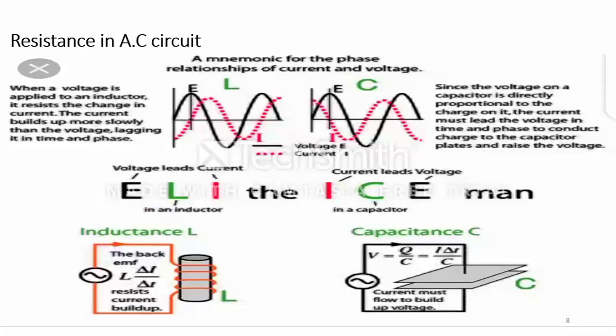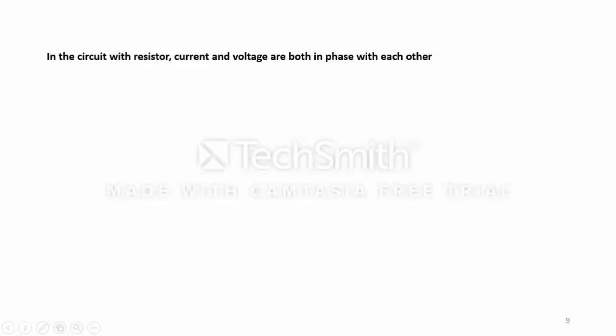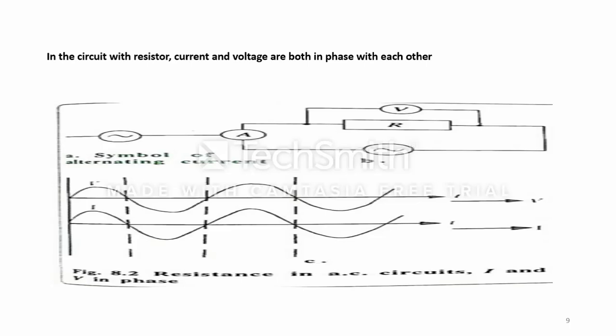In a circuit with a resistor, current and voltage are both in phase with each other. Look at this circuit. This is a resistor connected across this potential difference.